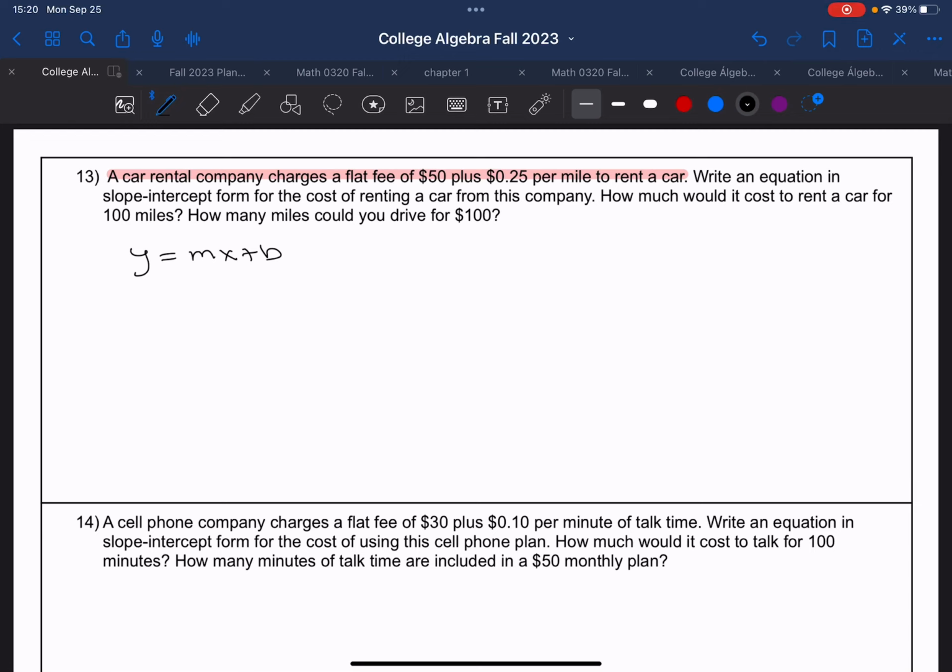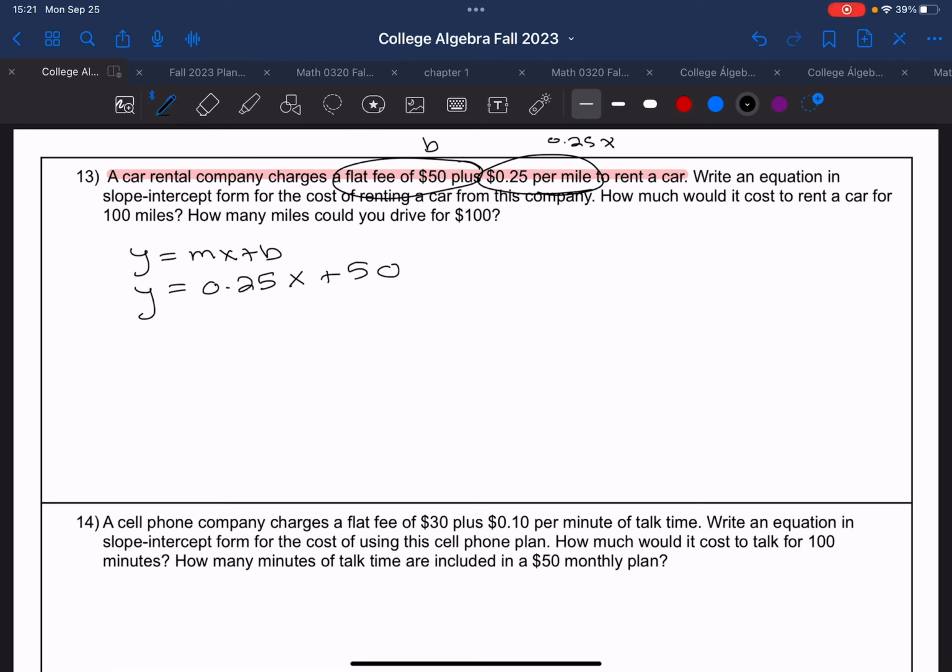Anytime we see that flat fee, that's our b value. And 25 cents per mile tells us 25 cents x. So y is equal to 0.25x plus 50. That's our equation.